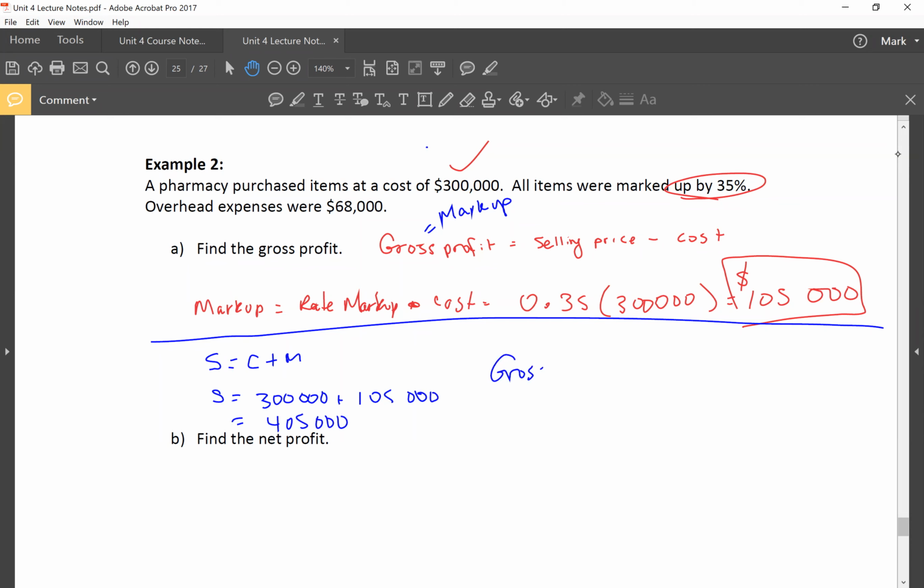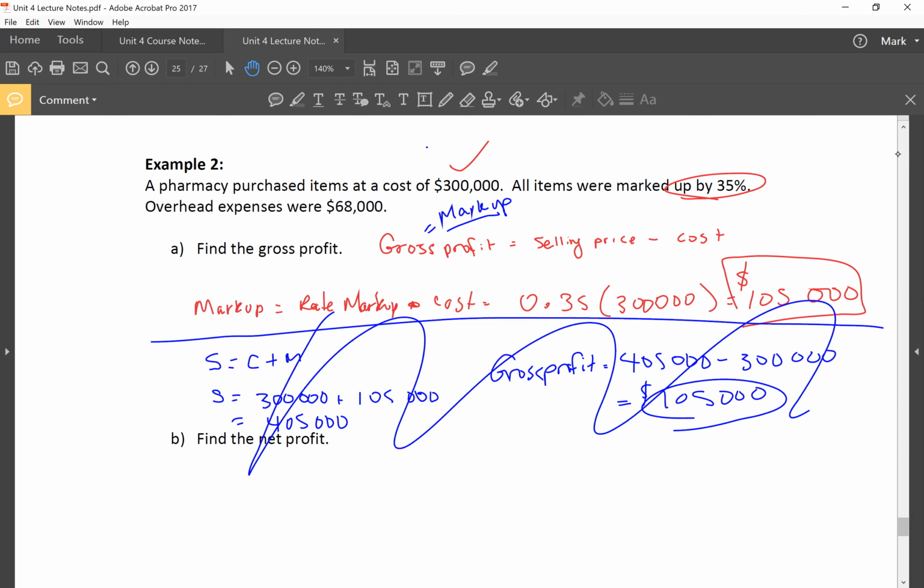My gross profit is going to be my selling price minus my cost, which is again $105,000. It's the same thing. So gross profit is the same as markup, right? The amount of money I add to the cost is markup, but that's also going to be the same as my gross profit. You do not need to show me the blue part, okay? But I am just showing you that it is true.